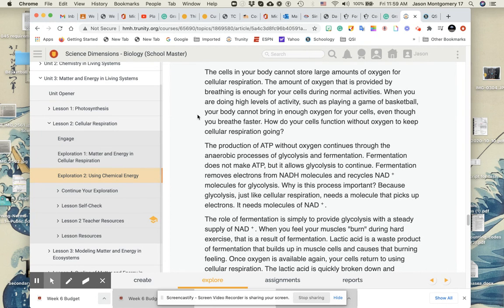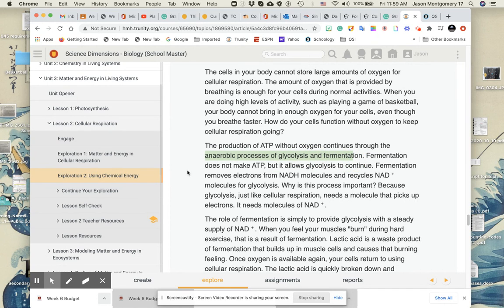So you don't make enough ATP. What happens? The cells cannot do full respiration. They can, however, produce ATP without oxygen through anaerobic glycolysis and fermentation.